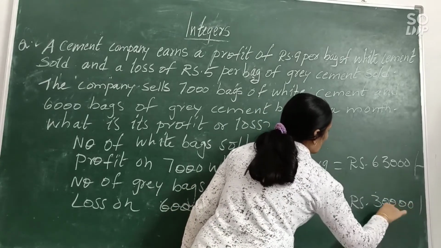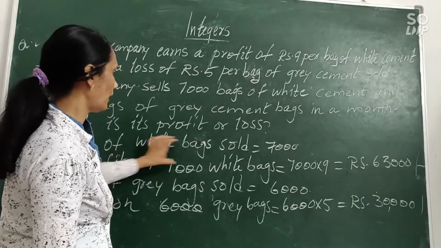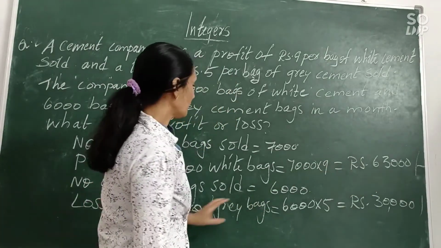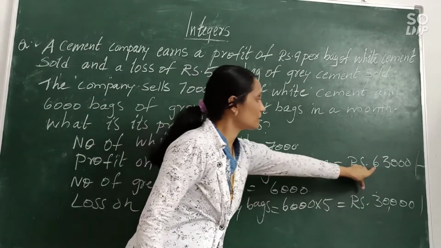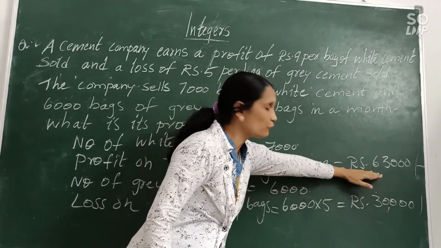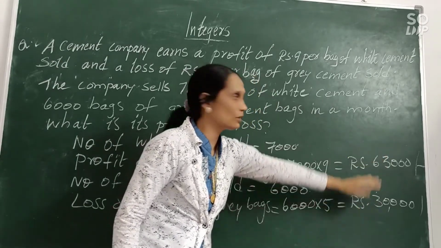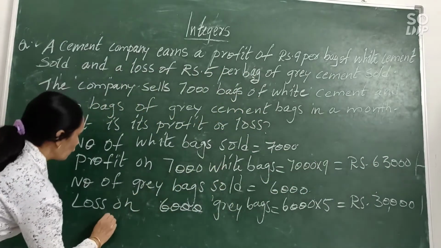Okay, now tell me whether the loss is more or the profit is more. By selling the white bags, they got 63,000 profit. By selling the grey bags, they got 30,000 loss. So what is more? Profit is more. So they got net profit, not net loss, because profit is more. What is the net profit?